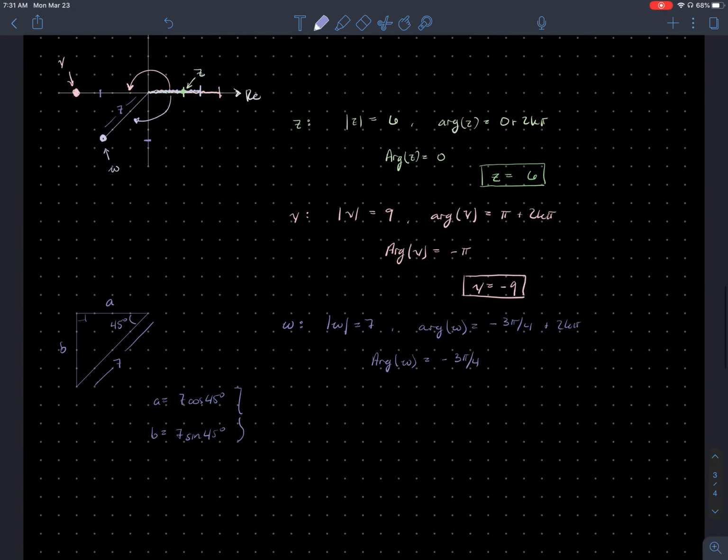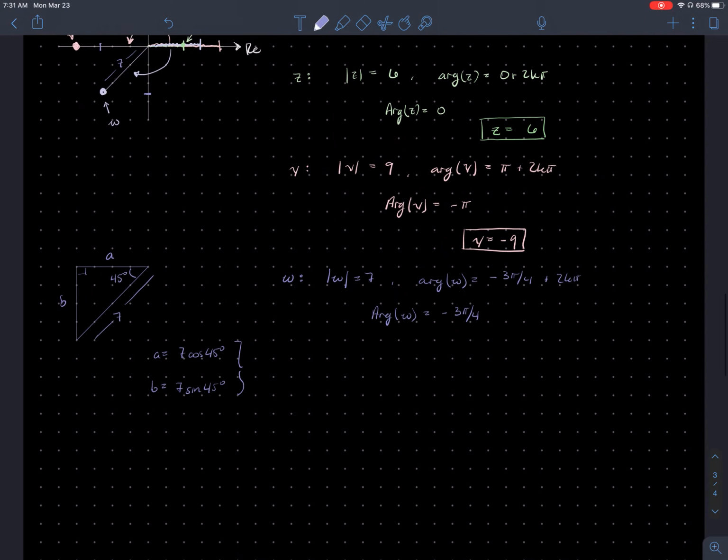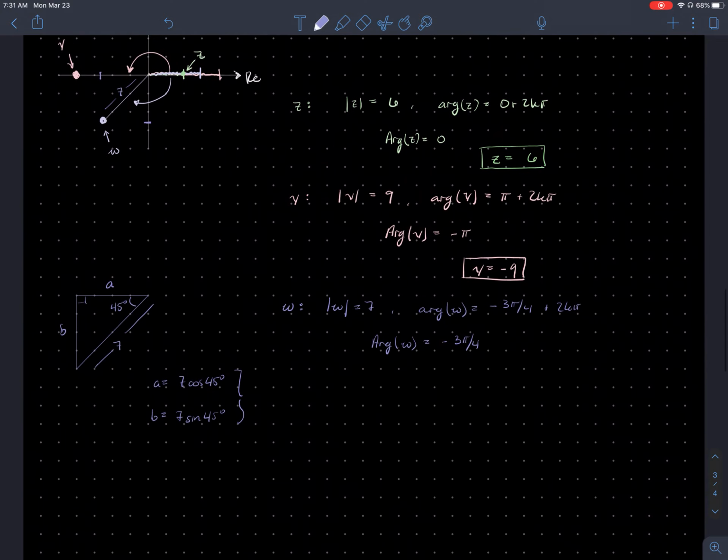Well, recall that we're now going to the left and then down, but we're just looking at 45 degrees right now. So it's going to be square root of 2 over 2 times 7, so we'll have 7 square roots of 2 over 2. Okay, so that's that distance going this way and this way. But now we just need those negative signs.